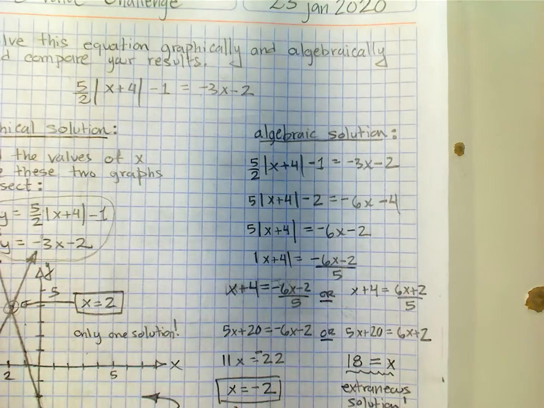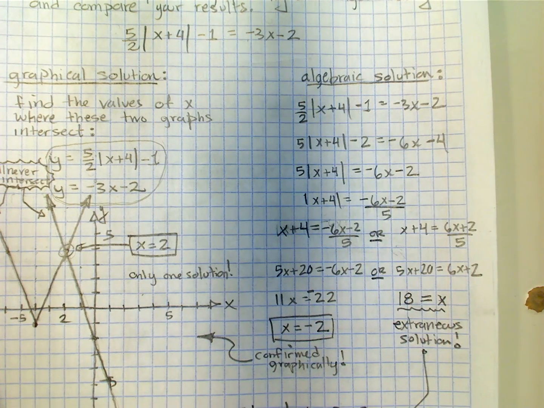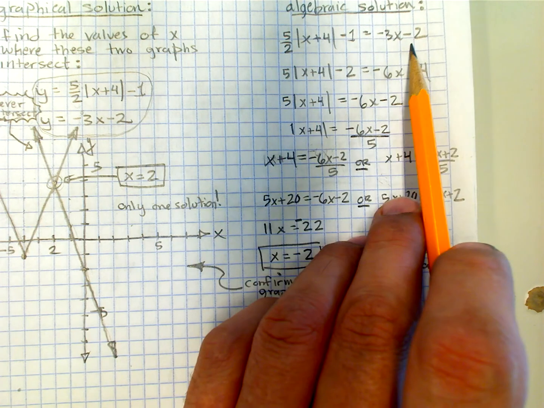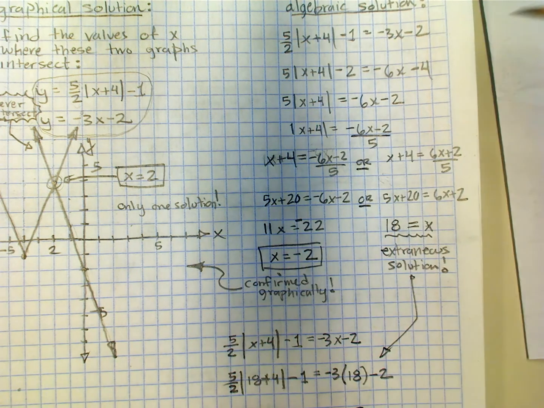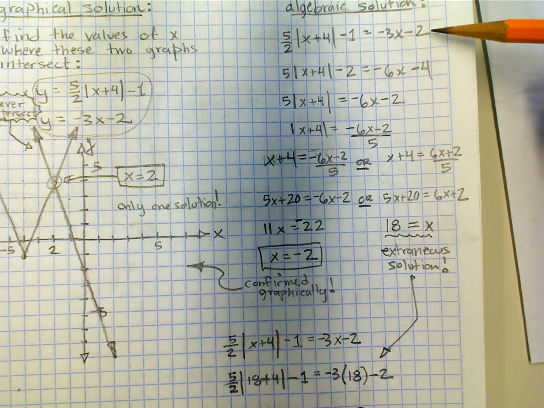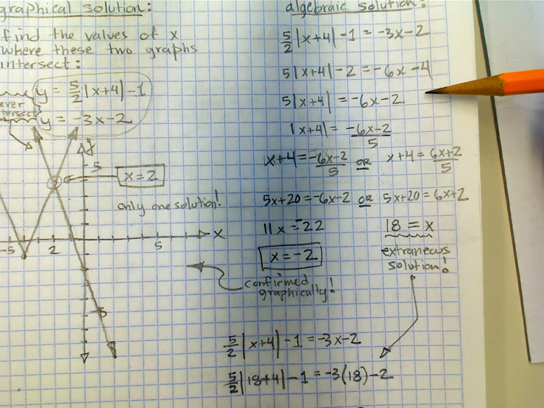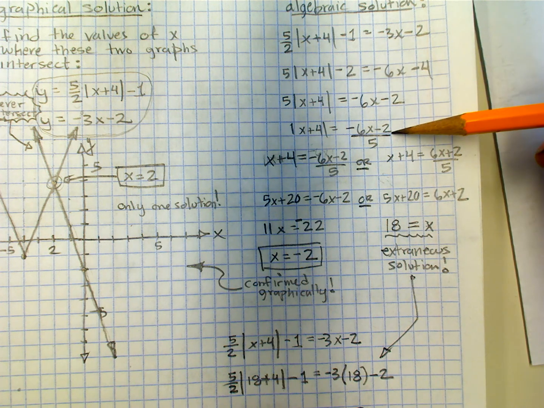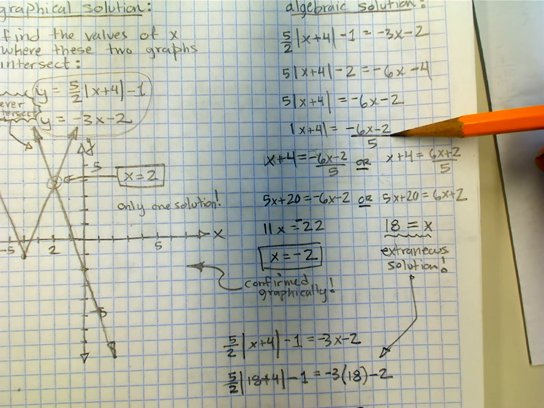So let's see what happens algebraically over here. I just begin by copying my equation down here. And then I use my properties of equality, first to multiply everything by 2. And then I'm going to add the 2 to the other side, and then I divide both sides by 5. That's what happened here.